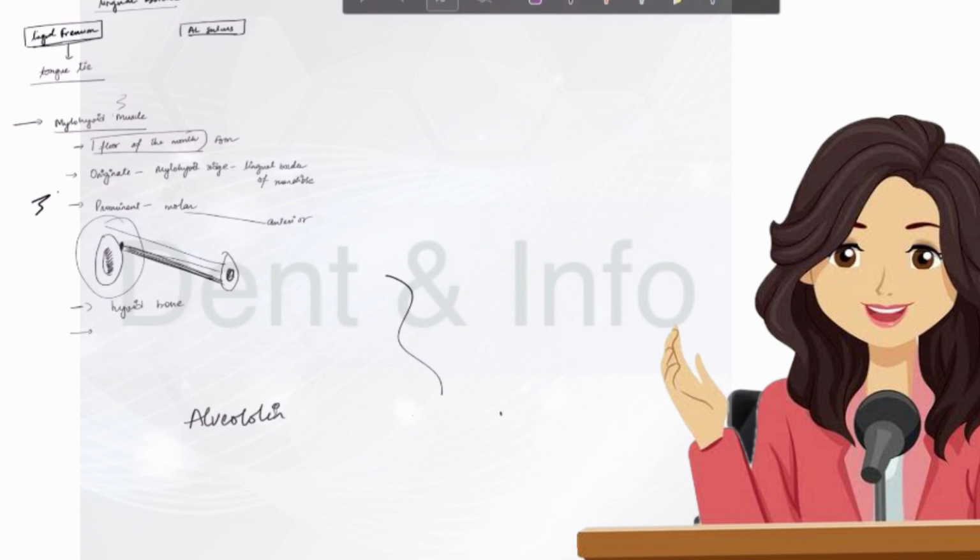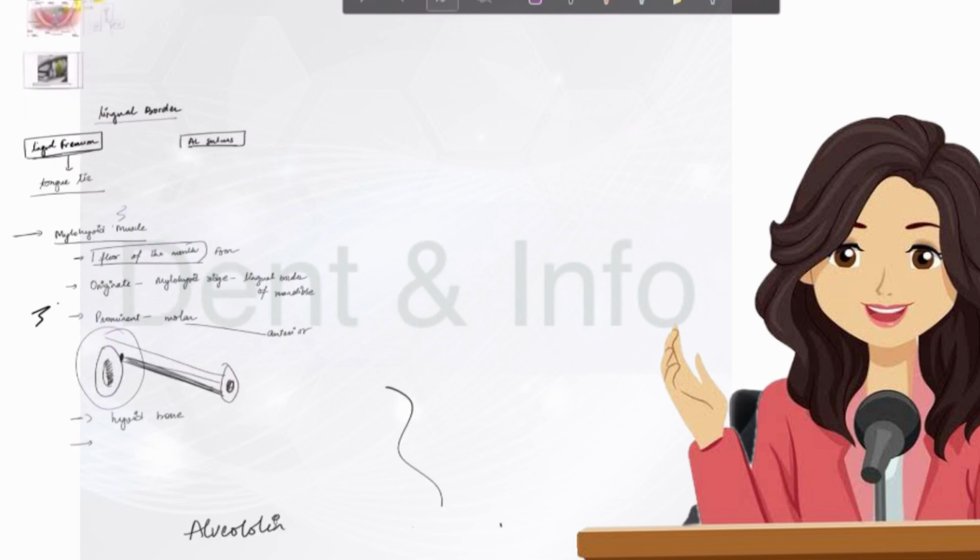Please put in a thumbs up or message so that I get to know whether or not you're able to see. Okay, good to go. Majority of students are saying that they are able to see.